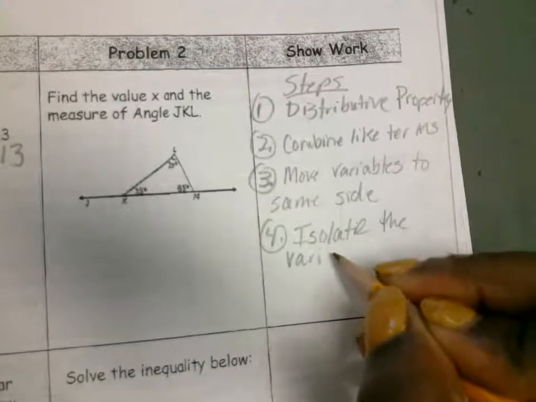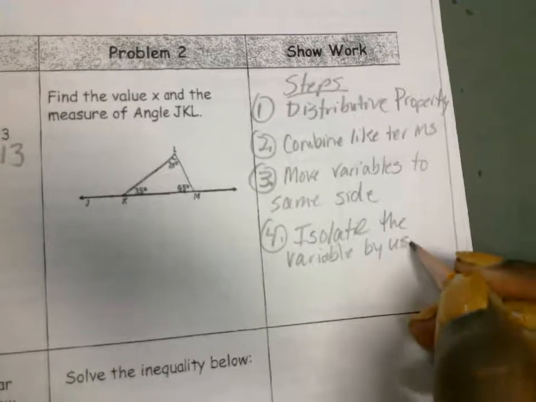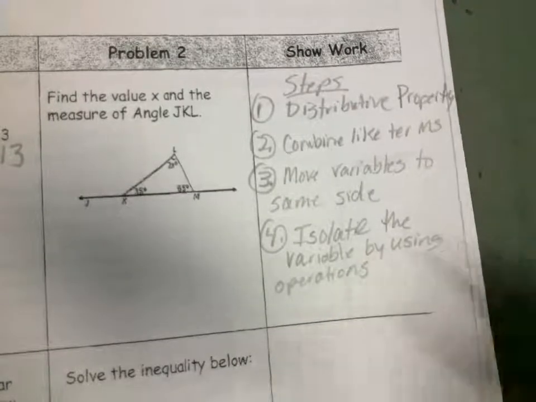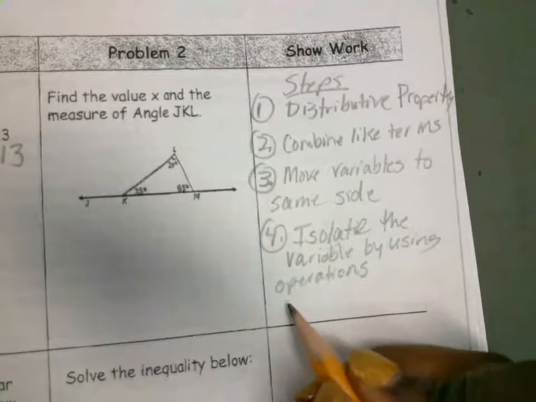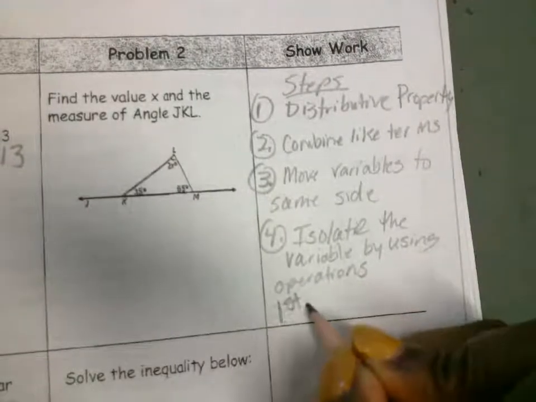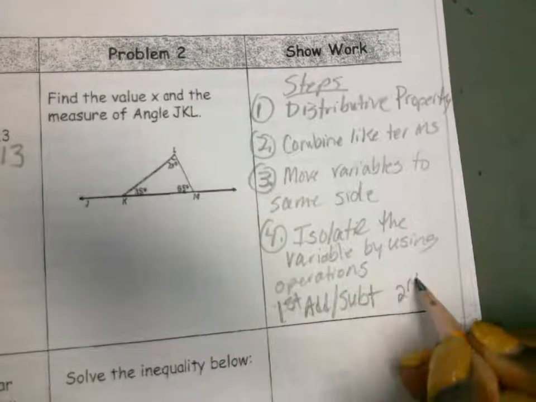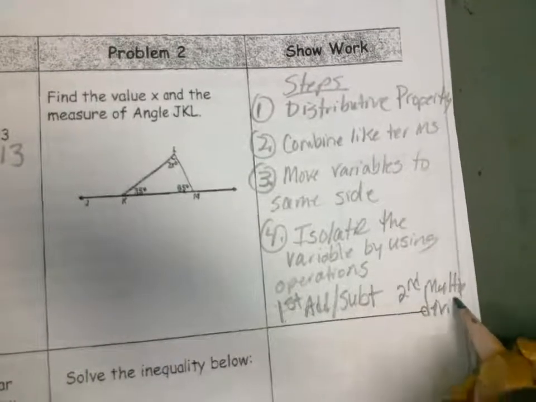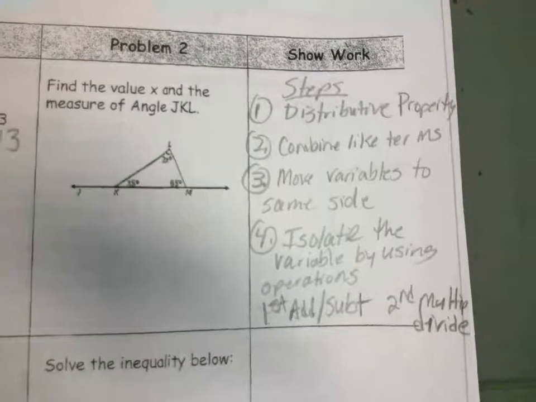You isolate the variable by using inverse operations. Addition and subtraction comes first, and then multiplication and division. So add or subtract first. Second, multiply or divide. And pause for the cause.